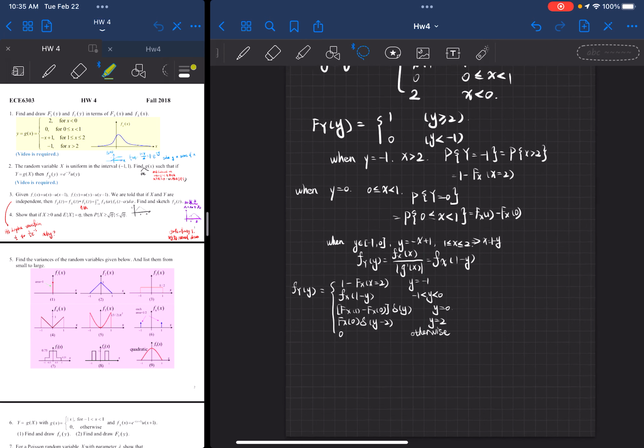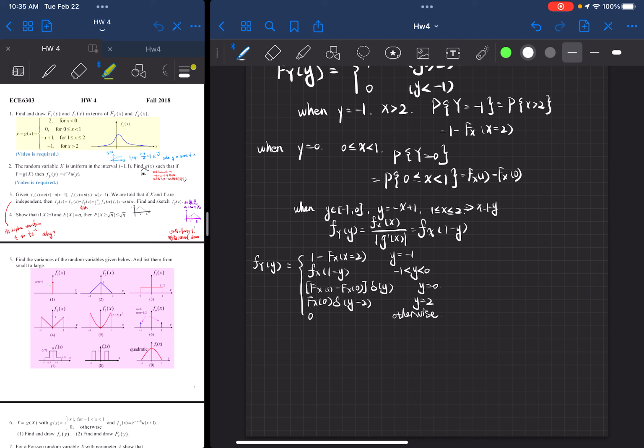Here we need to pay attention to the case when y is from -1 to 0, because the integral of this one cannot be easily calculated. So for y from -1 to 0, we should use another method to calculate it.